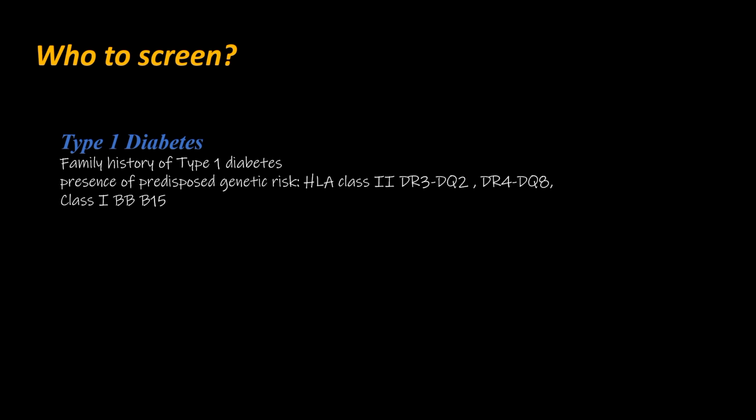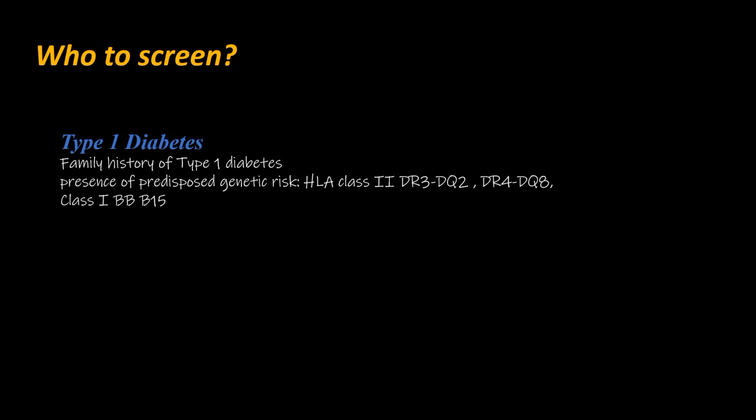Number two, to enable intervention or preserve beta cell function. In a number of trials, it has been suggested that the monoclonal antibody teplizumab, if given in stage 2 type 1 diabetes, that is, if the autoantibodies are present and there is dysglycemia, but no overt hyperglycemia or clinical manifestation of type 1 diabetes, just the blood glucose level in the pre-diabetic range.